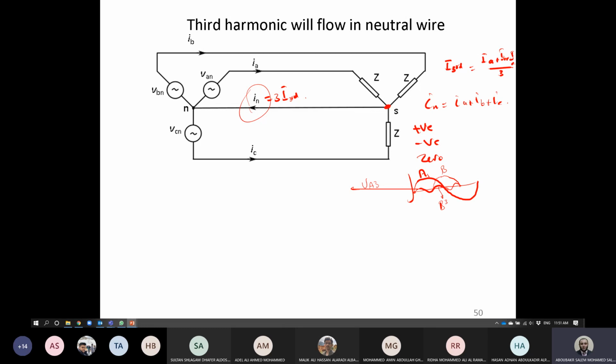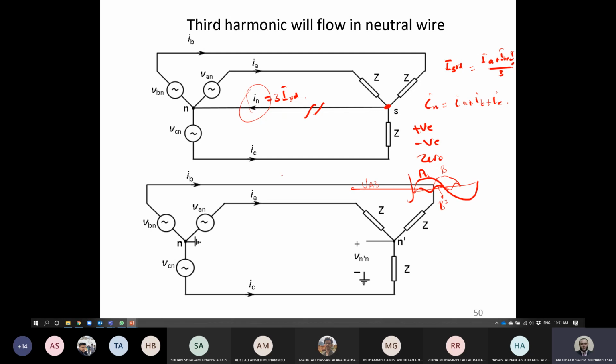Nice. What will happen if we disconnect this line? Instead of having a 4-wire three-phase system, we can have only a 3-wire system. So what is the third harmonic current now? Zero. It's 0.